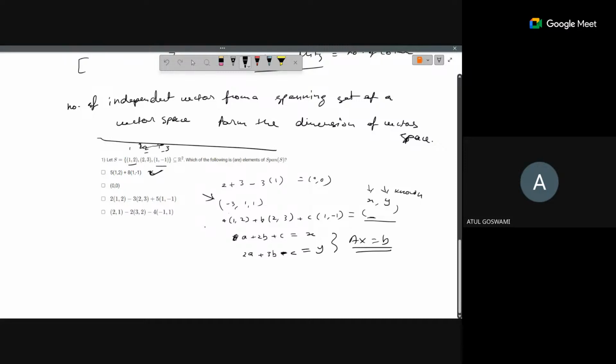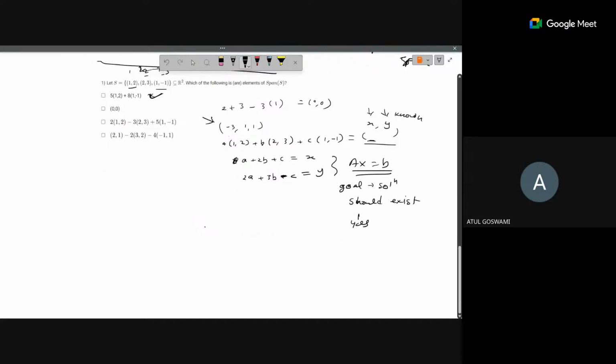Our goal now is to find the solution. The solution should exist. If yes, then it is a linear combination. If no, then it is not a linear combination.